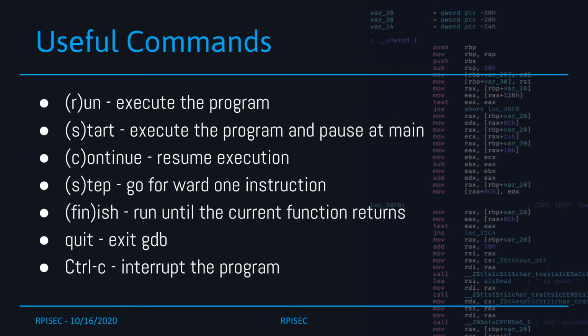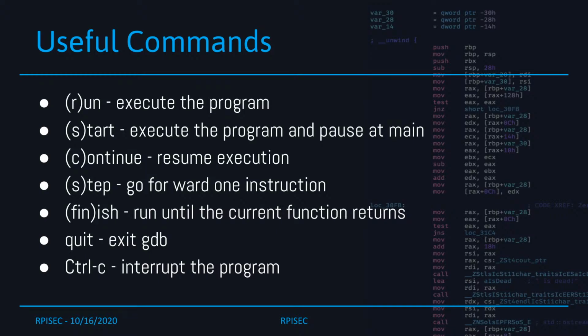So there are a million different commands. Like, we talked about how there's an ungodly number of instructions in x86. There's also a ton of instructions in GDB, especially if you're using an extension like Jeff. But for the most part, the ones that you really need to know how to do are listed on this slide here.